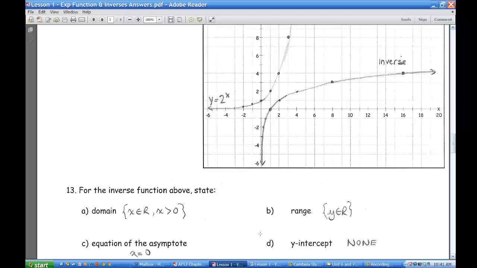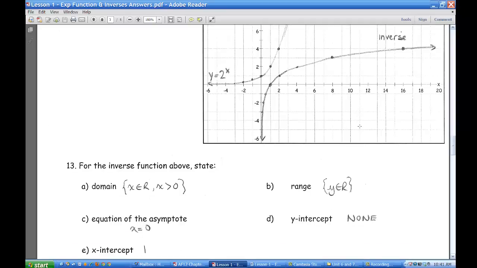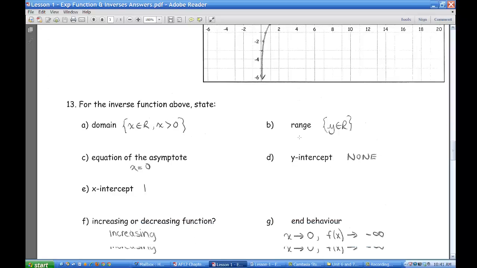Range is all real numbers. You can go from the bottom to the top along the y-axis as long as you want. Equation of the asymptote is now x equals 0. And y-intercept is non-existing because you're just touching the y-axis but you're not crossing it. X-intercept is 1. So you're still going through that 1, but not on the y anymore, but on the x, right here, because x and y get switched.